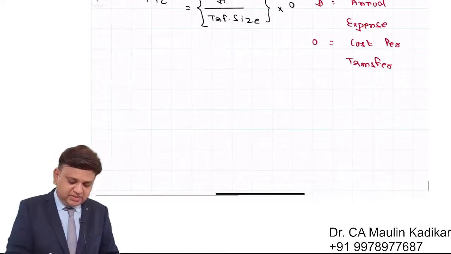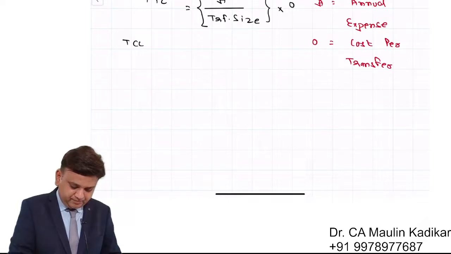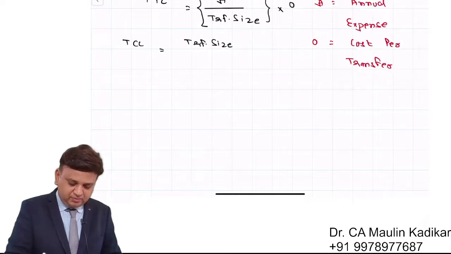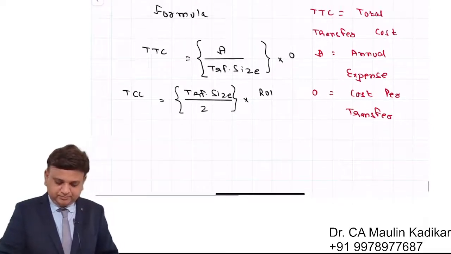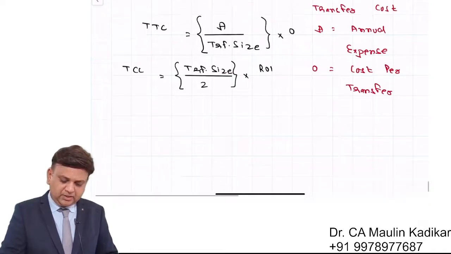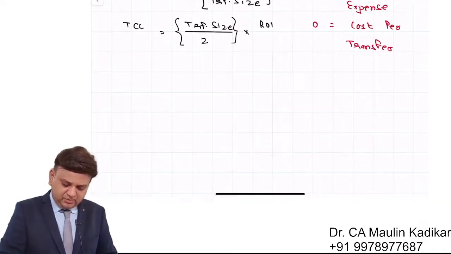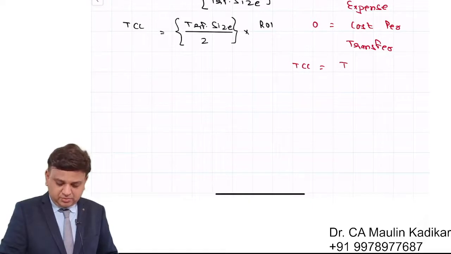Next is TCC. It is transfer size divided by 2 into rate of interest. The term TCC stands for total carrying cost.